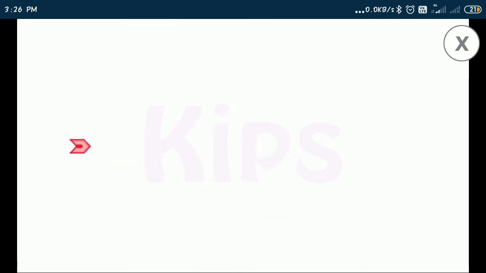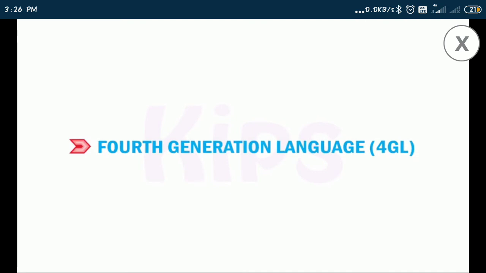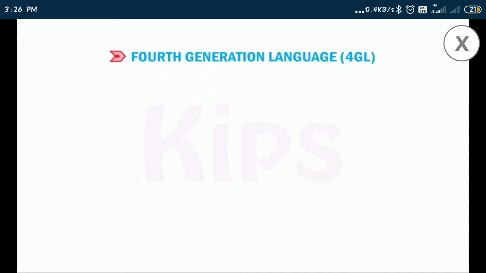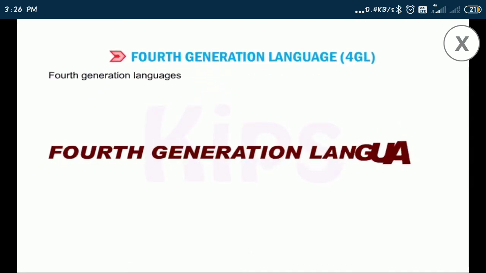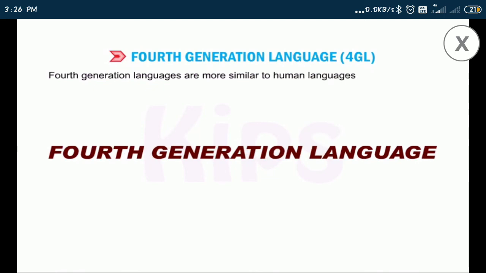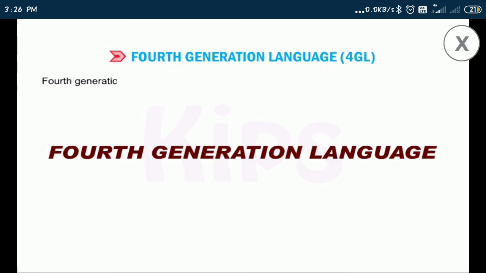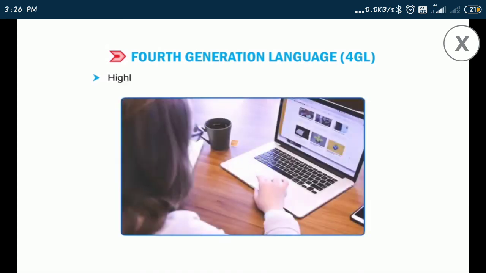Let us now move on and talk about the fourth generation language, 4GL. Fourth generation languages are more similar to human languages than their previous versions. Fourth generation languages are a combination of languages with the following features. Highly user-friendly and independent of any operating system.